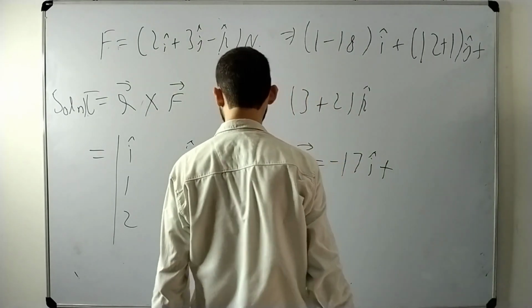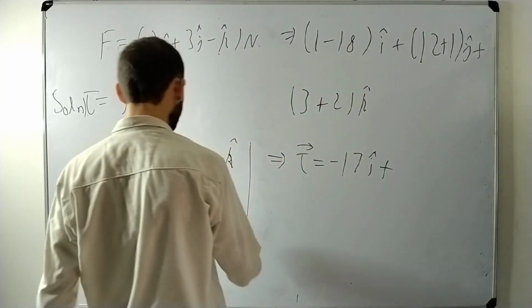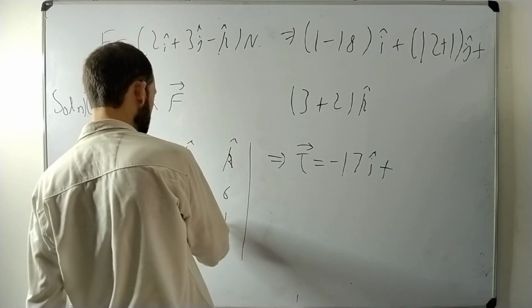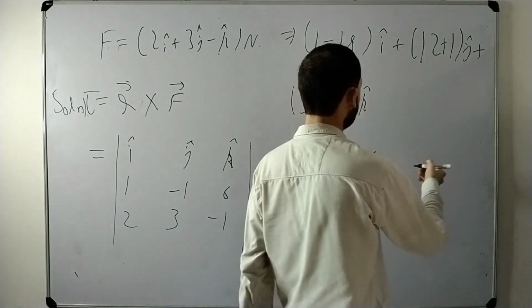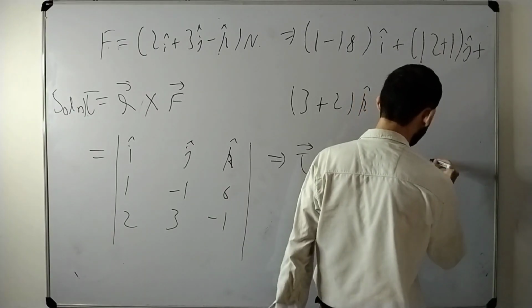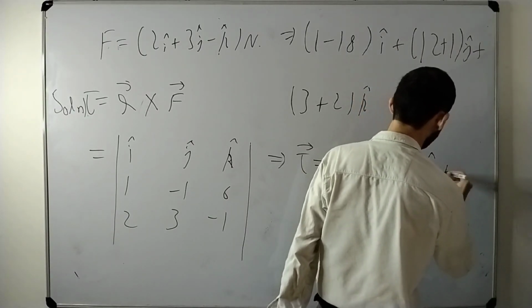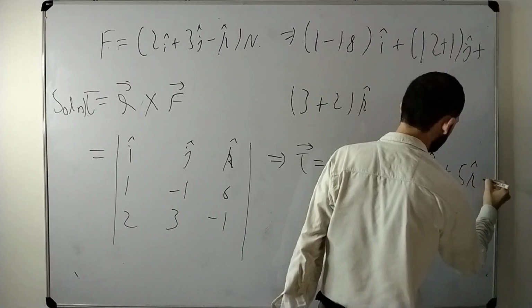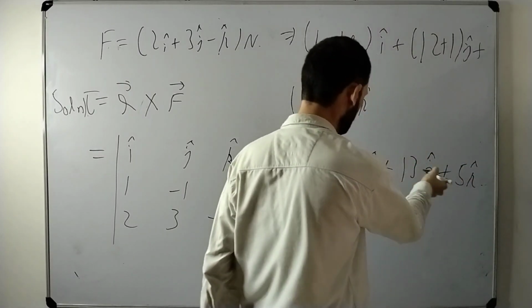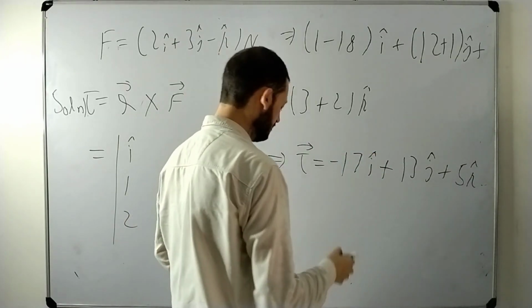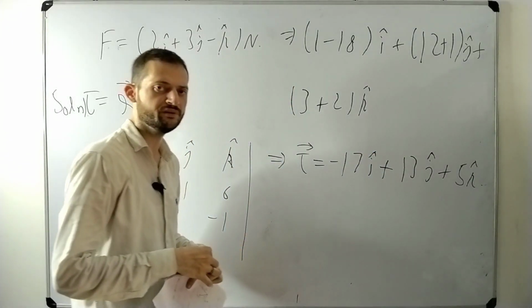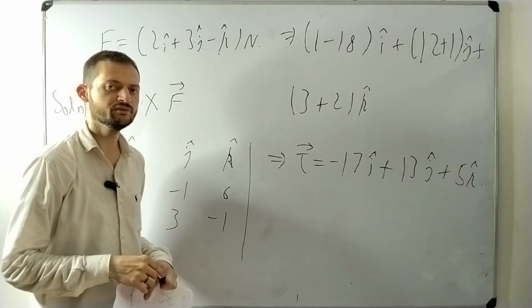Plus, you actually were thinking that minus 1 is plus 1, and this should be minus 18. Then 13 j cap, and this is 5 k cap. Okay, magnitude happens to be what? Yes, the modulus of this thing. So I will stop here, student. The first part ends here. Thank you.